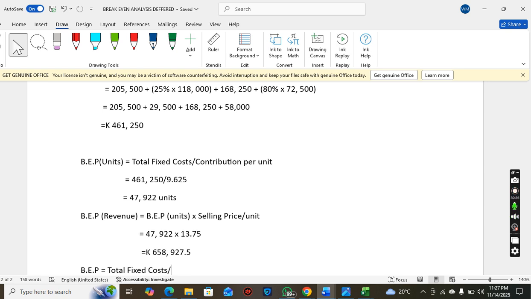There's no profit, no loss. They're just able to settle their bills. Everything is covered and you remain with zero. There is nothing remaining.